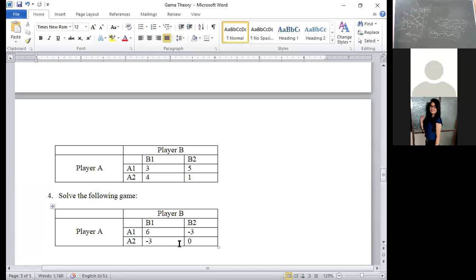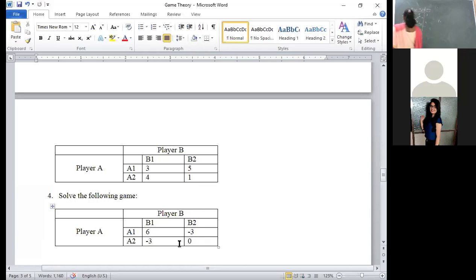For that, we need to calculate the P value. If you make a little mistake in the formulas, the entire problem goes wrong and you will get the value of the game in negatives. That's why you have to remember these formulas.